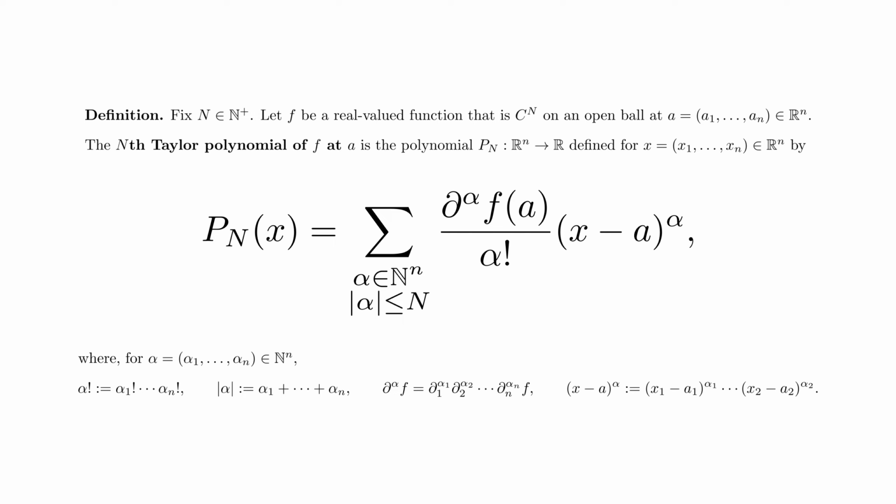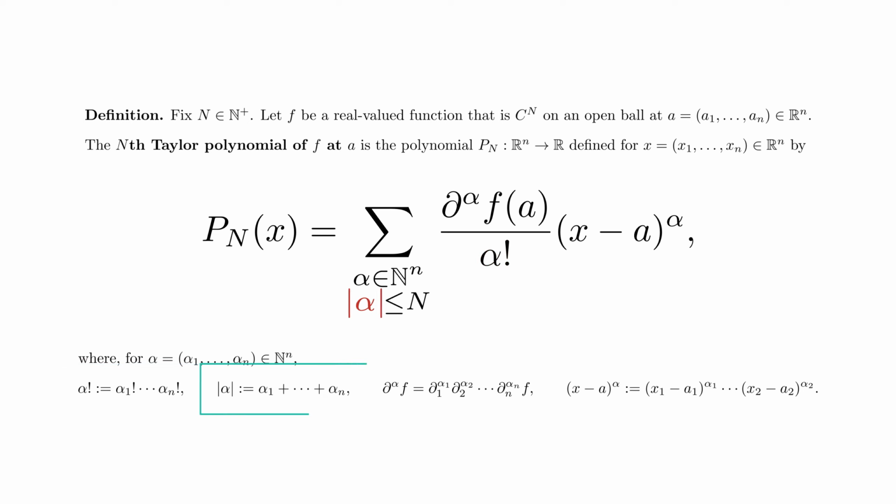As you can see, this expression carries a lot of dense notation and information, so let's unpack it. Here, alpha is a multi-index with n indices of natural numbers, so each component is a non-negative integer. Alpha factorial is the product of factorials of the components.